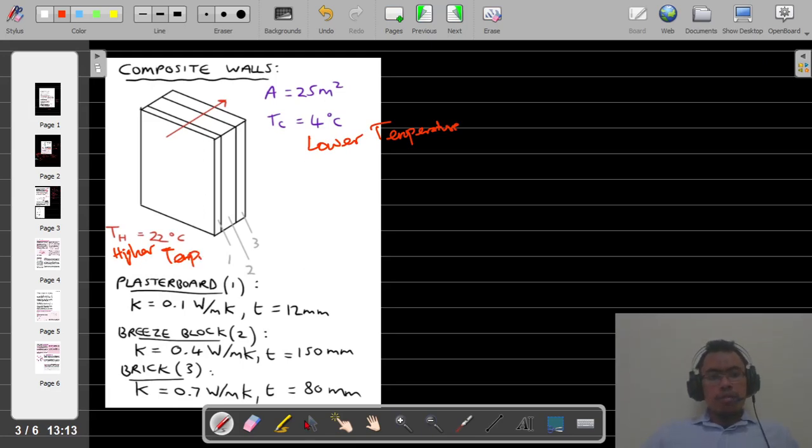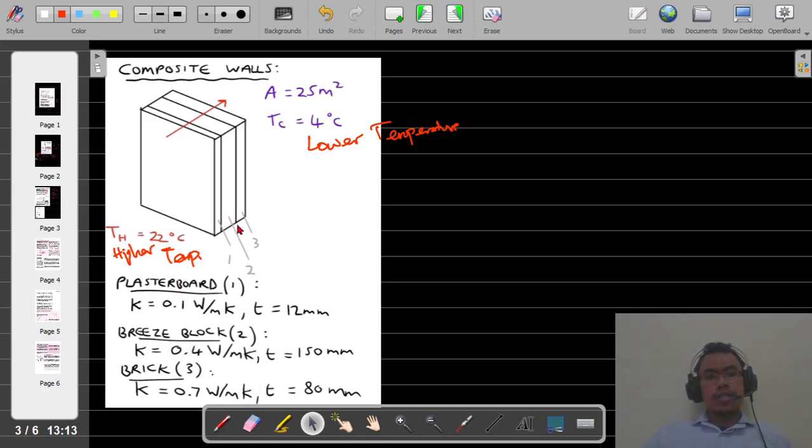Okay, and we have three kinds of material. The first one is called plasterboard. The K value, or the thermal conductivity, of plasterboard is 0.1 watt per meter Kelvin, and the thickness of the plasterboard is 12 millimeter.